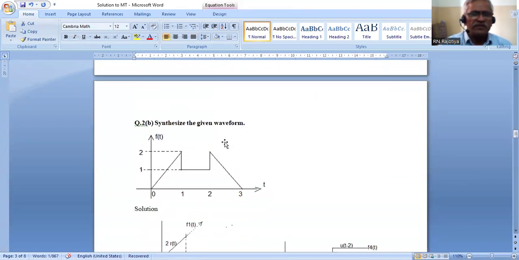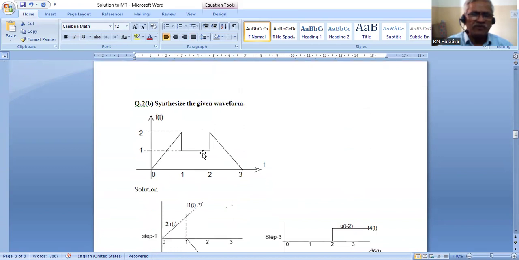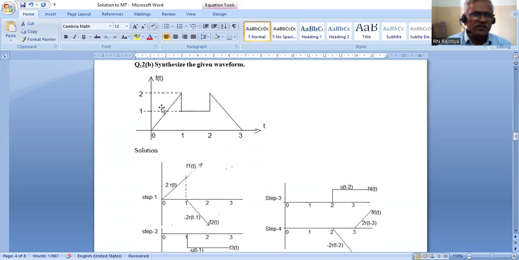The second question was that a waveform was given and you were asked to synthesize this particular waveform. Now the solution for this: if you look at this particular waveform, you find that this waveform is composed of many waveforms.